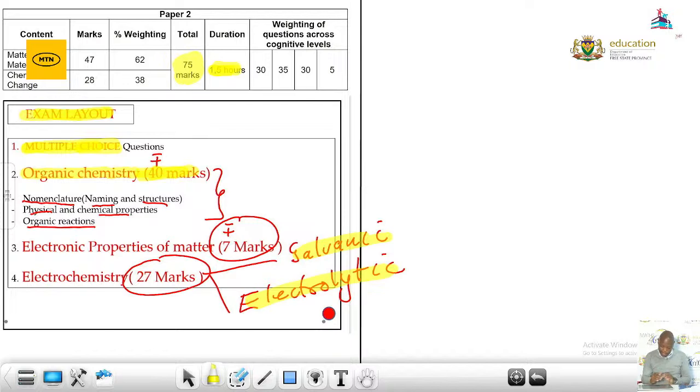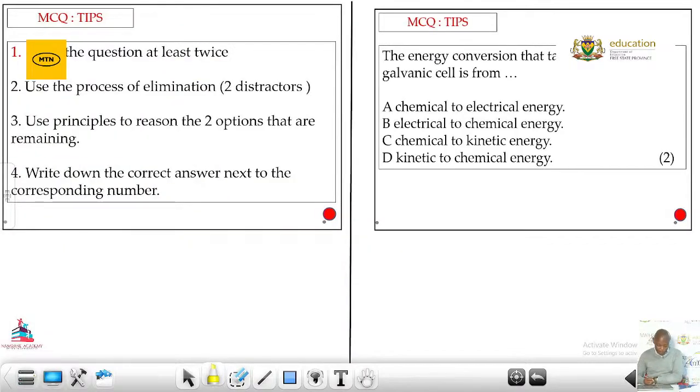Once that is done, the majority of the work has been attended to, and the majority of the assessment will come from that. That is the reason why, if because of time constraints I do not get to electronic properties of matter, it's only because the key idea is to attend to the topics that contribute a majority of marks. So without wasting any time, let's get straight into the multiple choice.